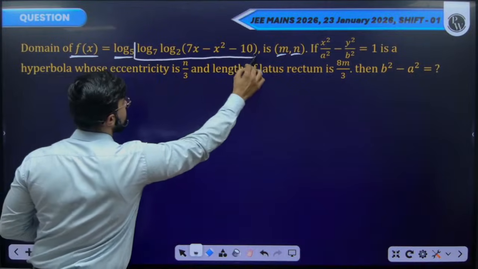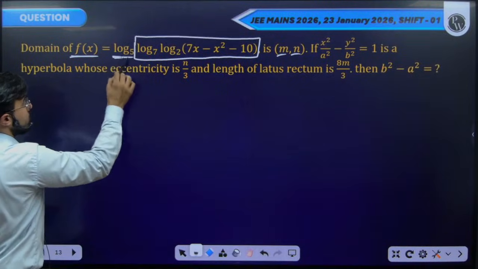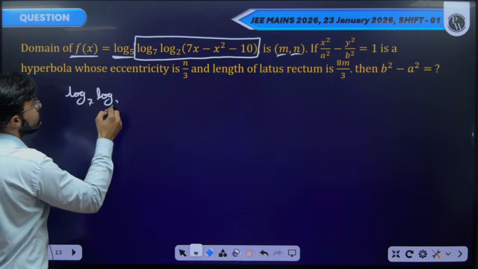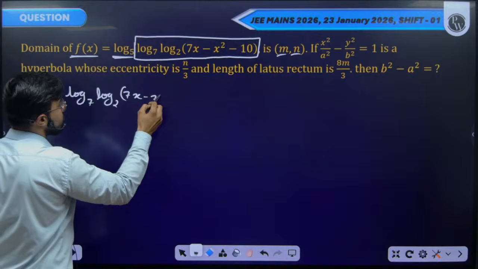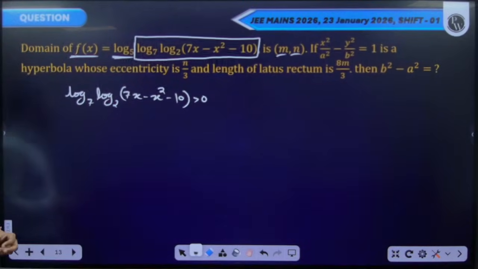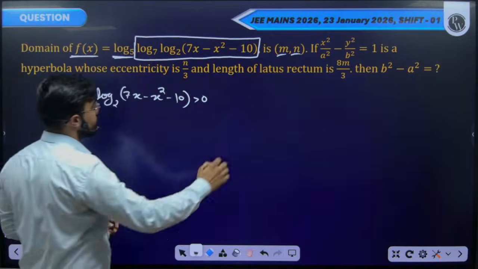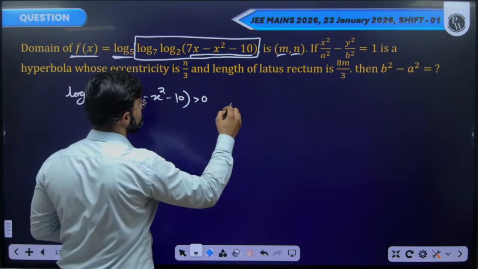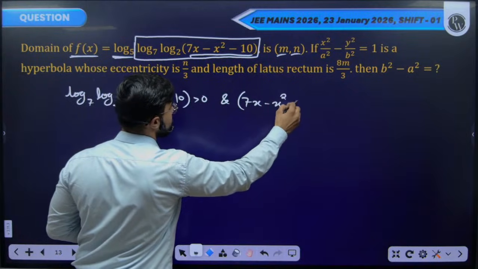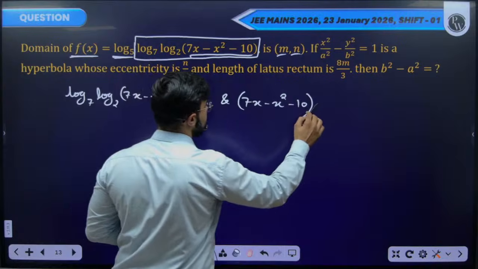This logarithm must be greater than 0 to make it defined. So log 7x minus x square minus 10 should be greater than 0, right? And this value is also 7x minus x square minus 10 greater than 0.